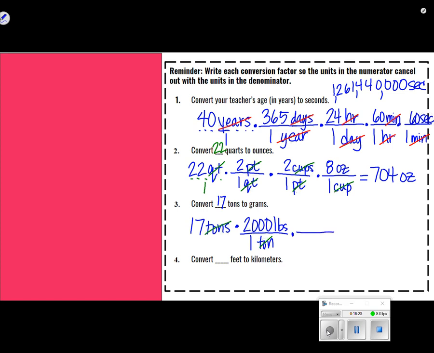So pounds are on top with the 2,000. I'll put 1 pound down here in the denominator, and then 454 grams. I'm going to grab my calculator and do 17 times 2,000 times 454. And I get, looks like, 15,436,000 grams.